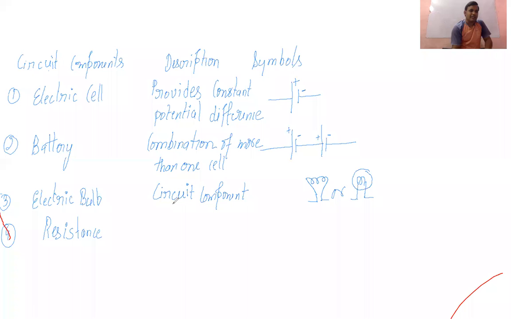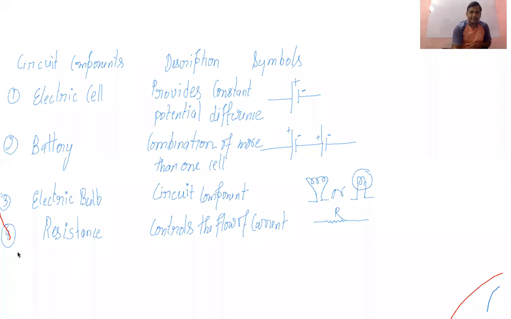It basically controls the flow of current. So it will be like this. This is the symbol of resistance.